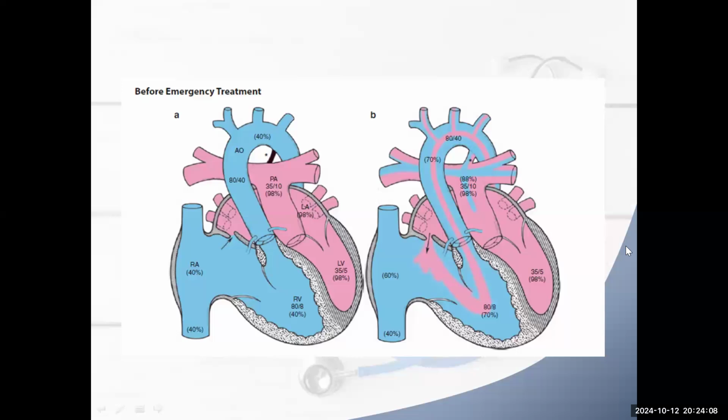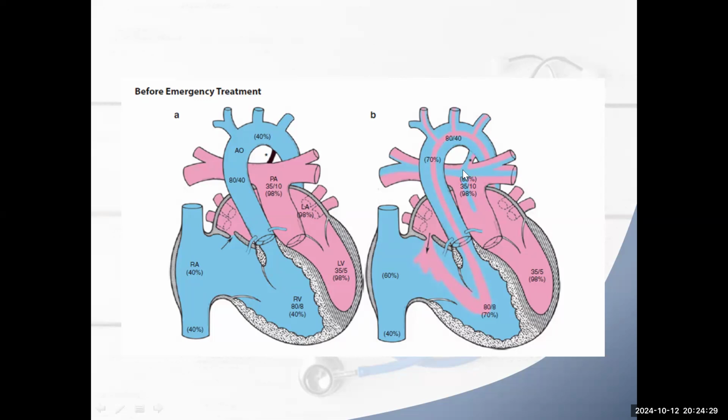Someone can ask a question here. What's the benefit of the PDA? If blue blood comes from the aorta to the lung and becomes red and returns to the left side and goes to the pulmonary artery and to the lung and returns to the left side, what's the benefit of the PDA? Why may the PDA increase the saturation of this patient?